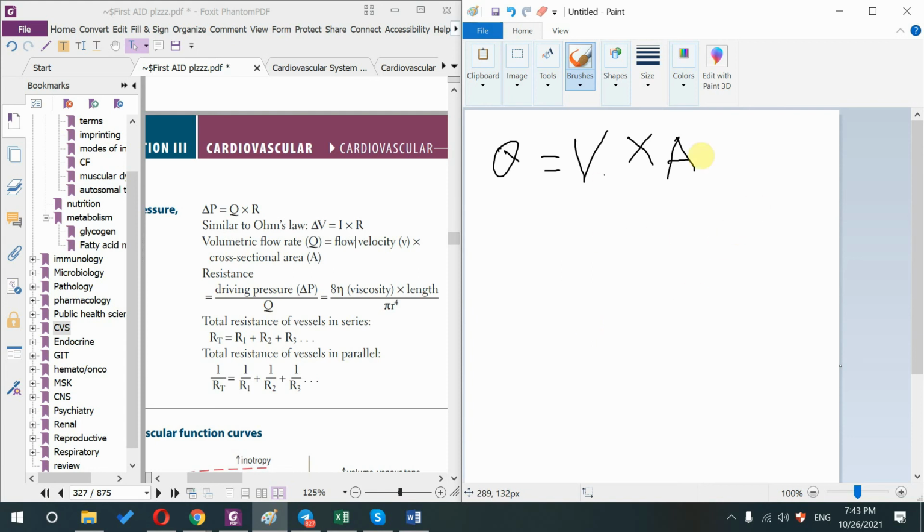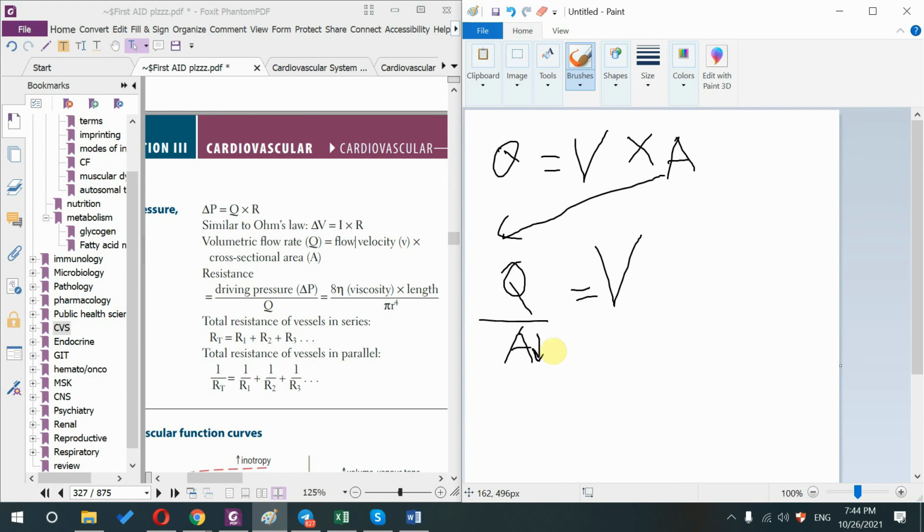If I increase the cross-sectional area, obviously there will be more blood going through it, but the speed of it will actually be low. How come? Look here. If I move this down here, it will be Q divided by A, and it will be equal to V. So the flow velocity is inversely related to the cross-sectional area.